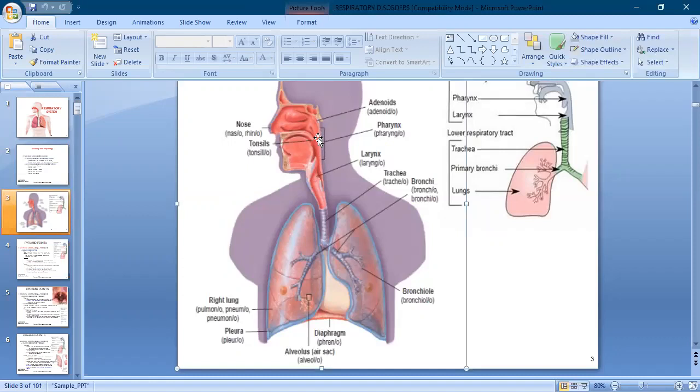So then after the pharynx, larynx: inflammation of the pharynx is called pharyngitis. Inflammation of the larynx is called laryngitis. As I told you before, if infection or inflammation occurs in the tonsil it causes tonsillitis, or in the pharynx it is called pharyngitis, and the patient presents with a sore throat.